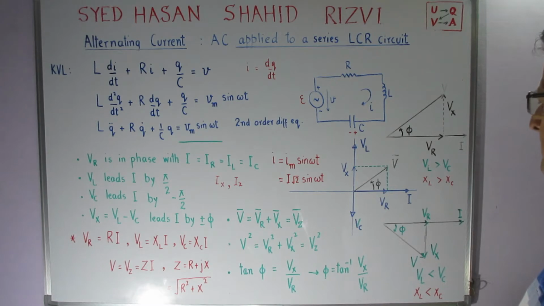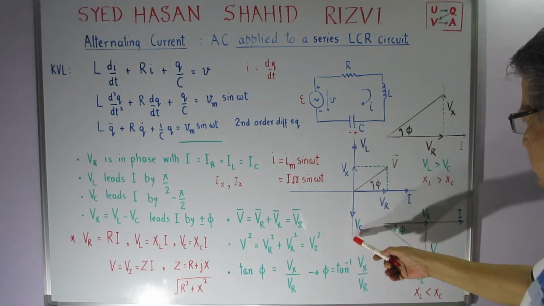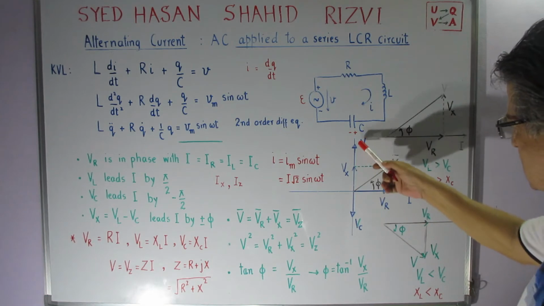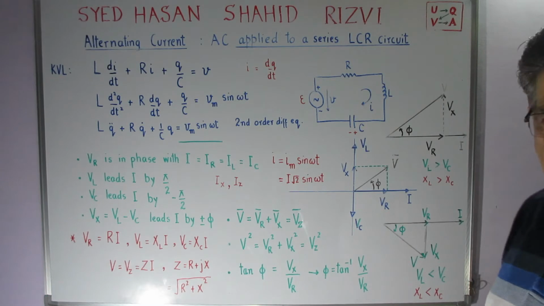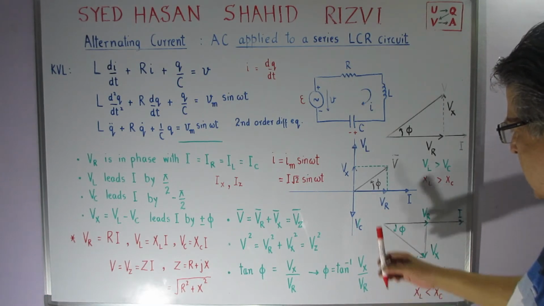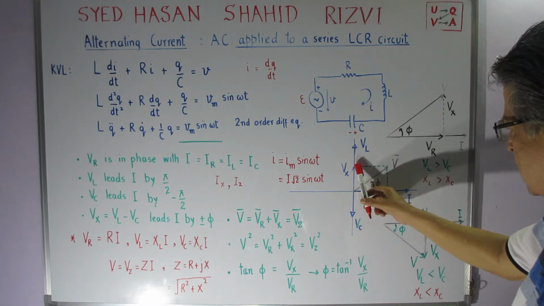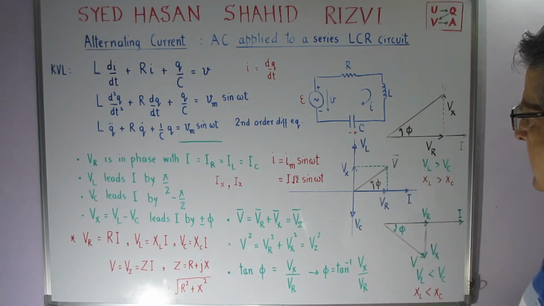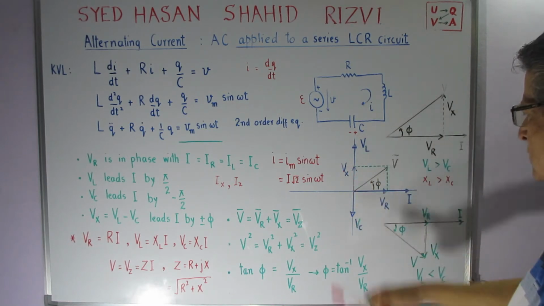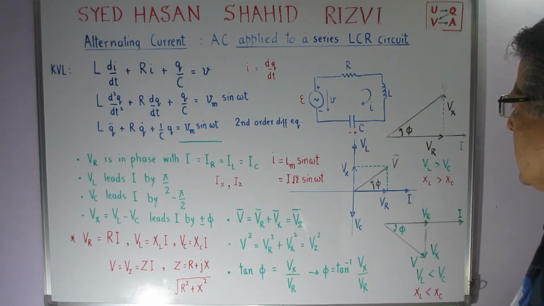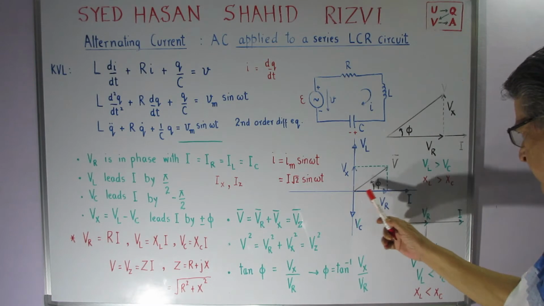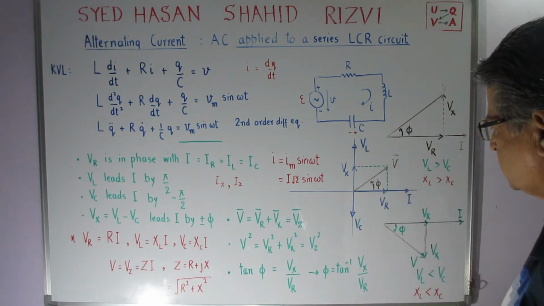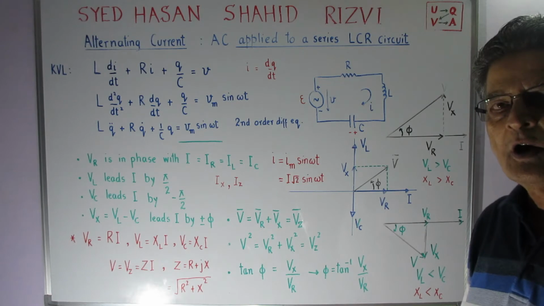So first of all, this is the imaginary axis and this is the real axis. I just add these two voltages, they are opposite to each other, and this much VC is from here to here, and so I get the resultant of the two. The addition of VC and VL comes out to be equal to Vx, where X is the reactance. So this is VR and this is Vx. They are perpendicular to each other and they add according to the vector law of addition.